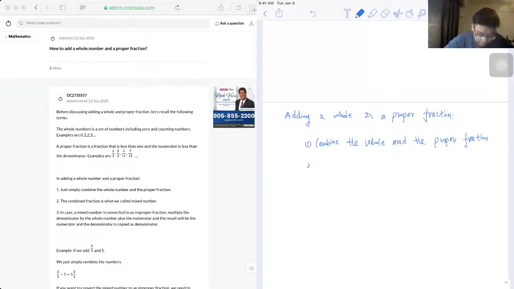And after we got our result, this combined fraction will be called the mixed number.